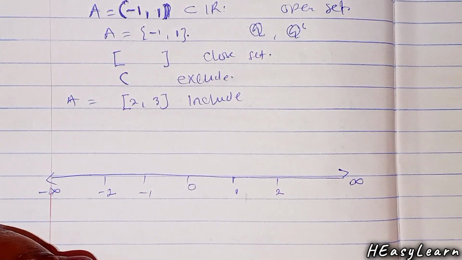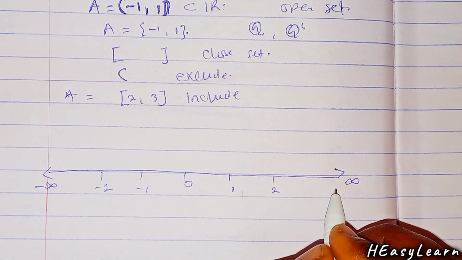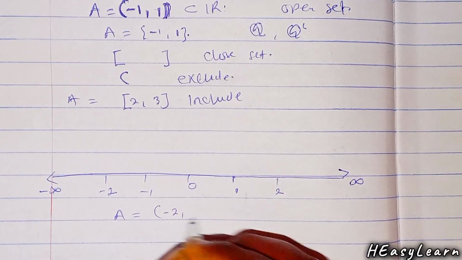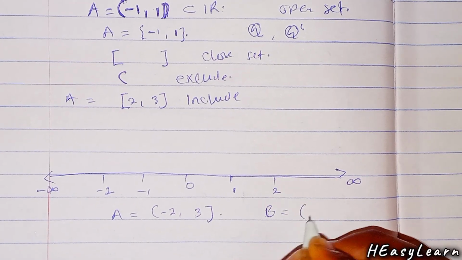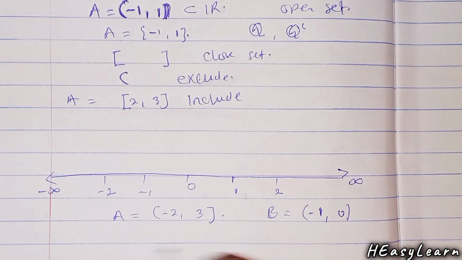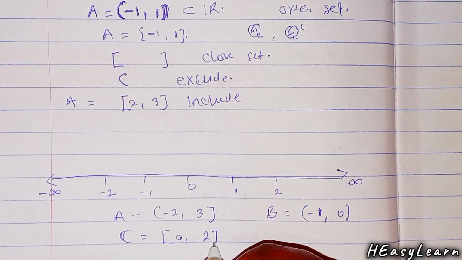There are a lot of negative numbers after minus 2, and a lot of positive numbers after 2. So from here, now represent A as (minus 2, 3]. Represent B as what? Minus 1 to 0. And represent C as [0, 2].